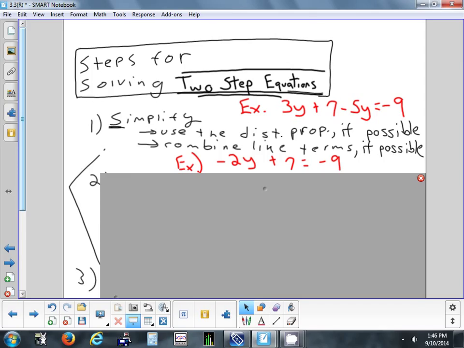In order to combine like terms, they have to be on the same side of the equal sign. If they're not on the same side, no combine, right? You need to know that.